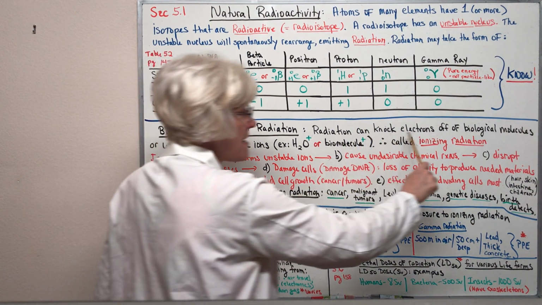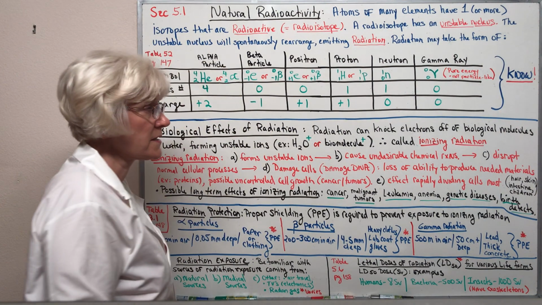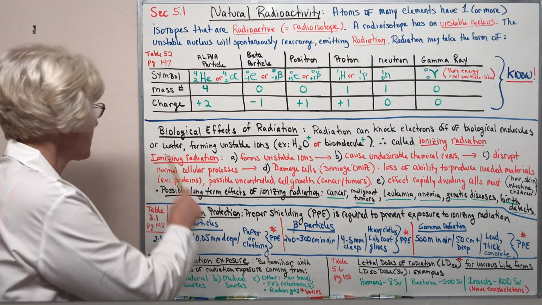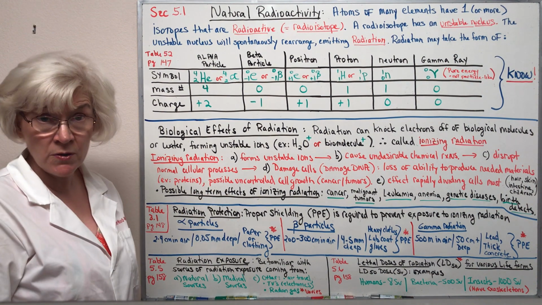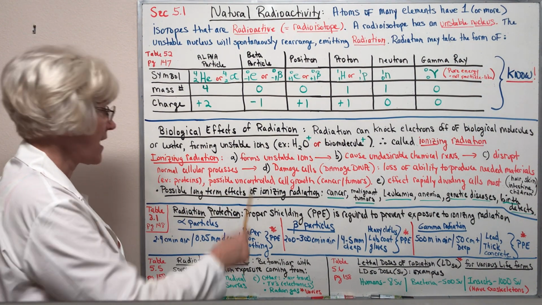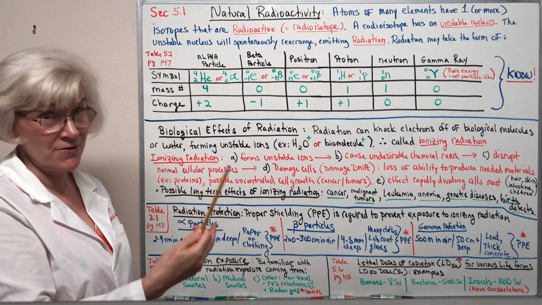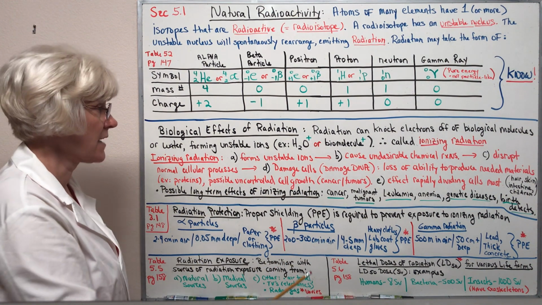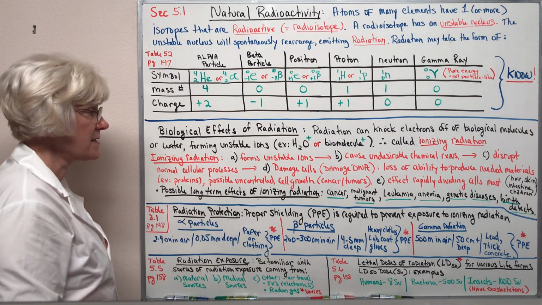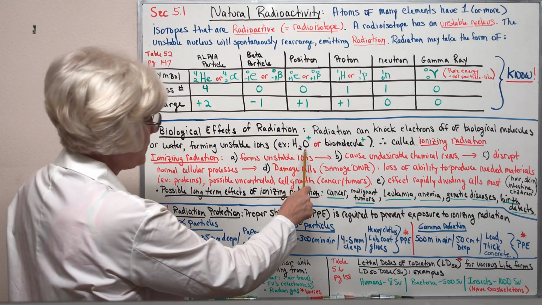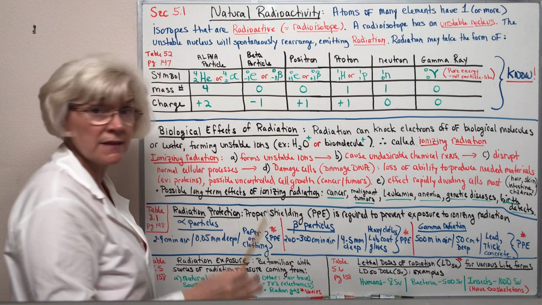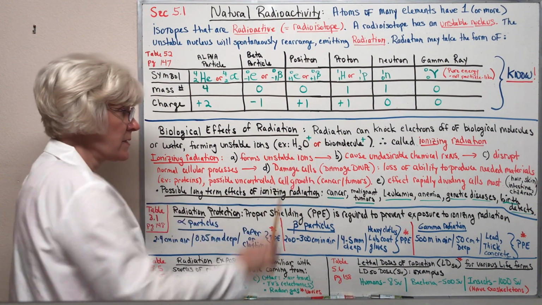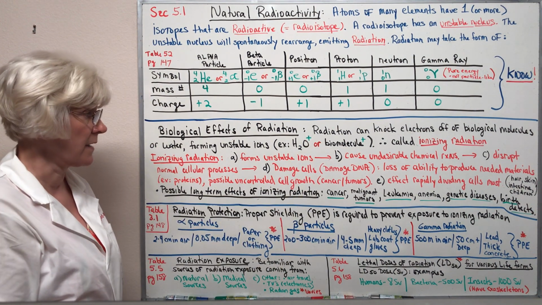So radiation can knock electrons off of biological molecules or water in the body, forming unstable molecules. Actually, I should use the word ions. They're now charged because they've lost electrons. So forming unstable ions. For example, here's water, which is a neutral molecule, but you knock an electron off of it, and now it's going to be a +1 ion.